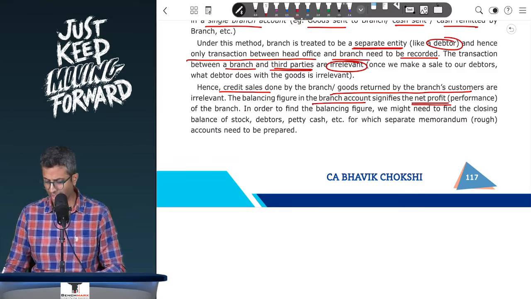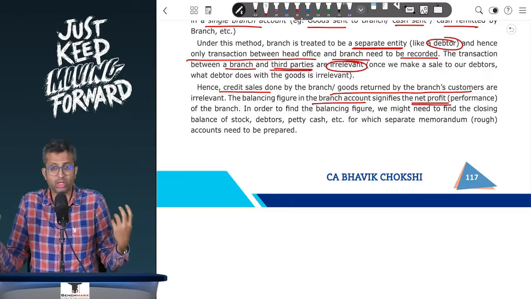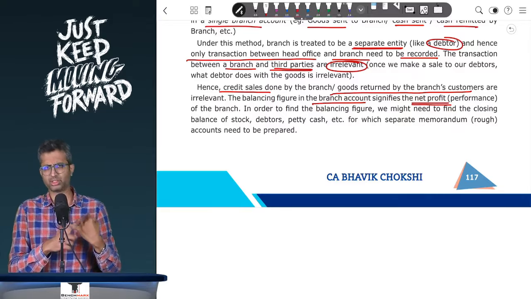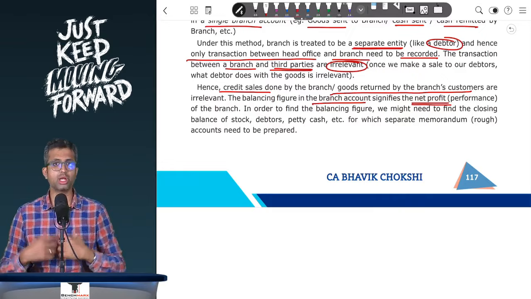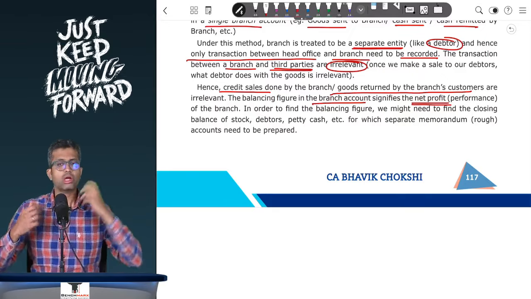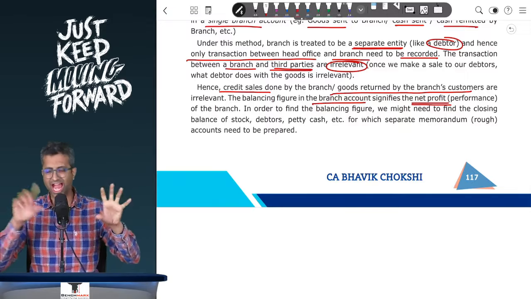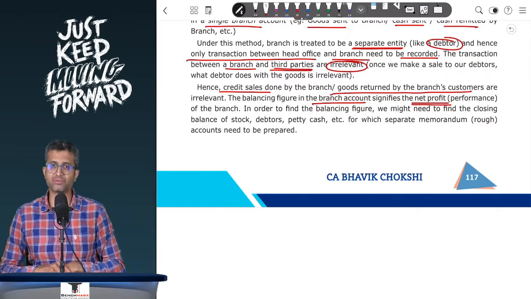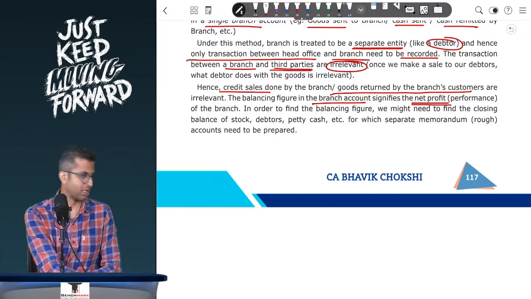So the opening balance in the branch account will be the opening balance of all the debtors of the branch, stock in the branch, furniture or assets of the branch, opening and closing balance. So this is balance carried down and balance brought down, and the difference when you prepare the entire branch account will be taken as the net profit.